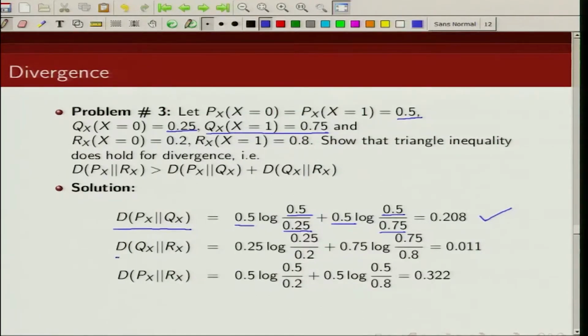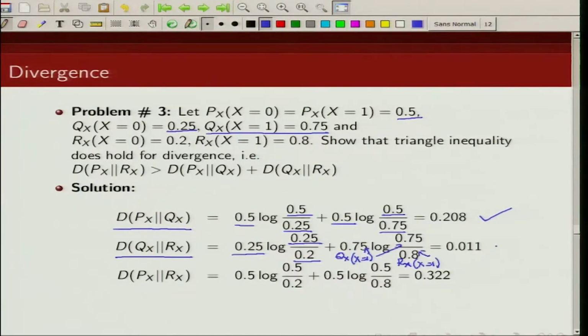Now to find the divergence between q and r, this is q of x, x being 0, and r of x being 0. Similarly, this is q of x, x equal to 1, and this is r of x, x equal to 1.